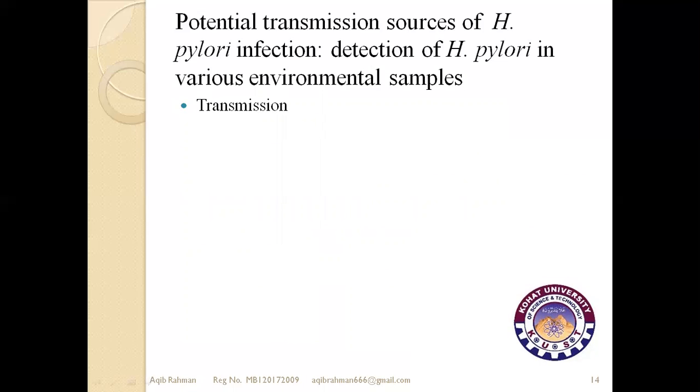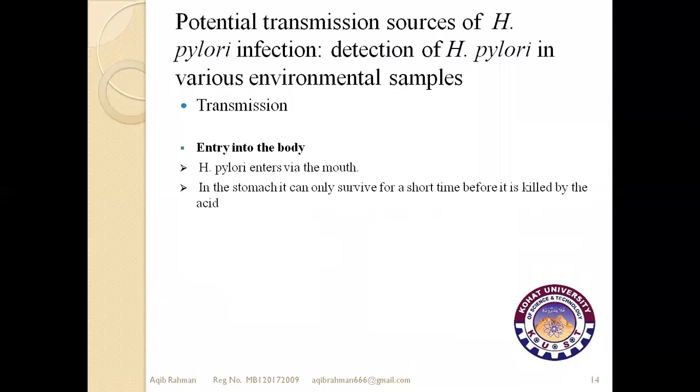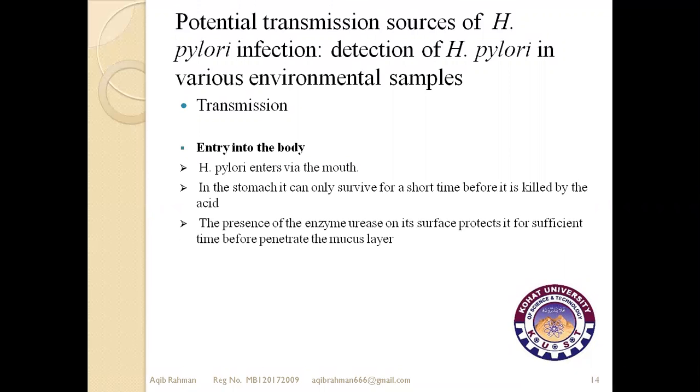Transmission. How is H. pylori transmitted from person to person and enters into the body? H. pylori enters via the mouth and the stomach. It can only survive for a short time before it is killed by acid.